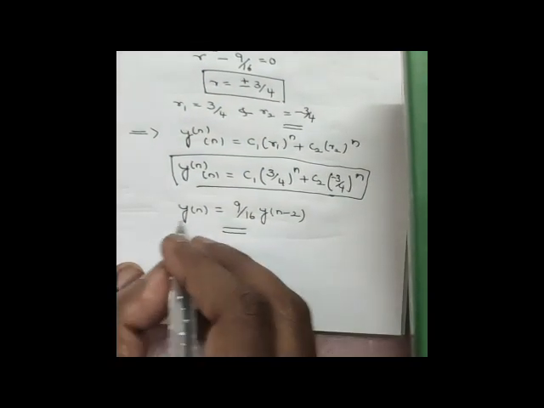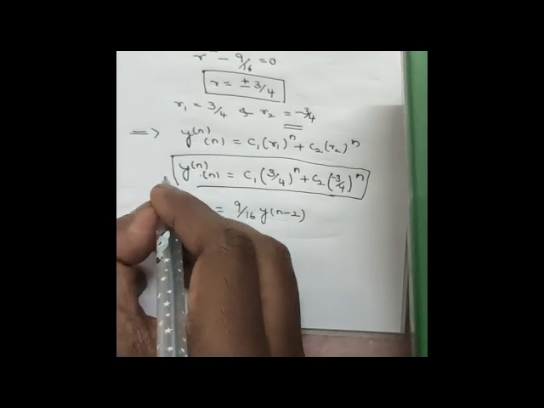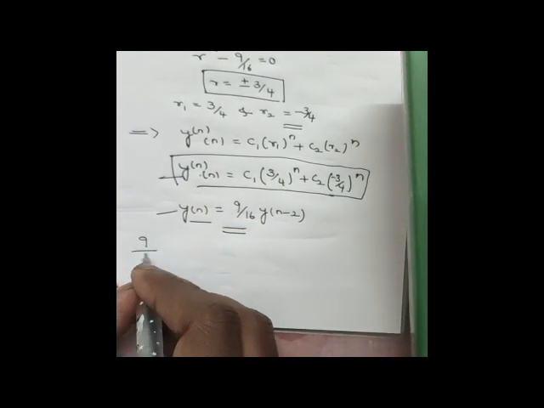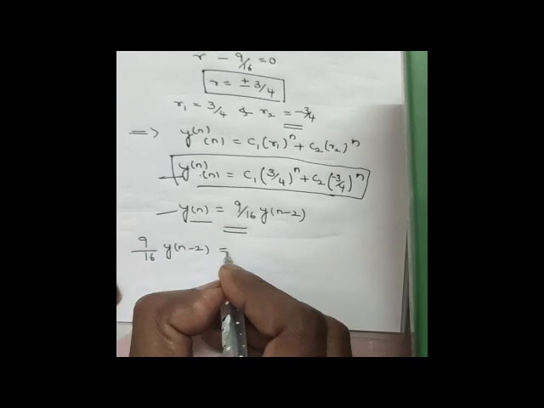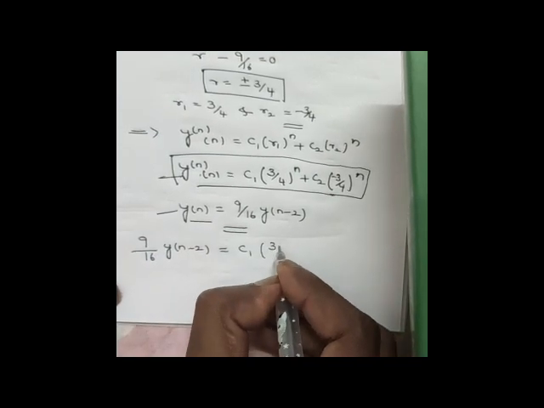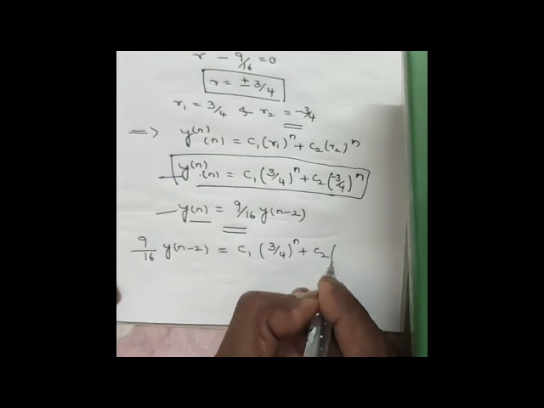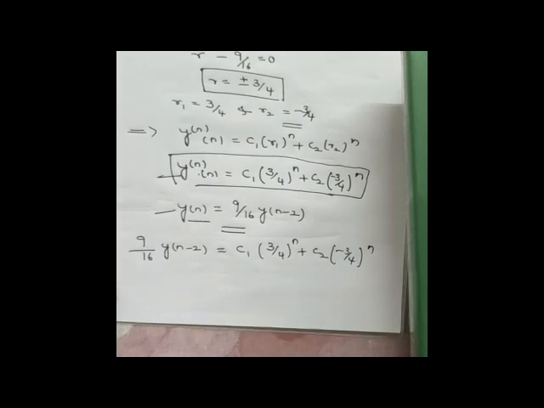Both are y of n, so we can equate them. So 9 by 16 y of n minus 2 is equal to c1 3 by 4 all to the power of n plus c2 minus 3 by 4 all to the power of n.